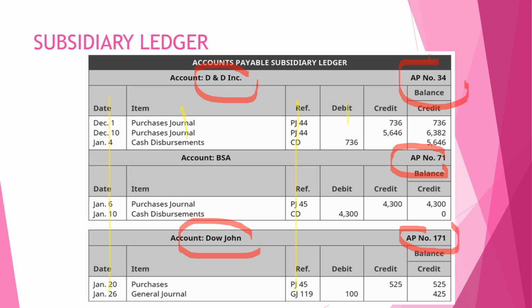The debit and the credit columns reflect the various effects of every transaction to the record of the supplier or the vendor. The balance column provides the running balance of every supplier. Take note that the total running balance for all subsidiary ledgers should equal the accounts payable general ledger.